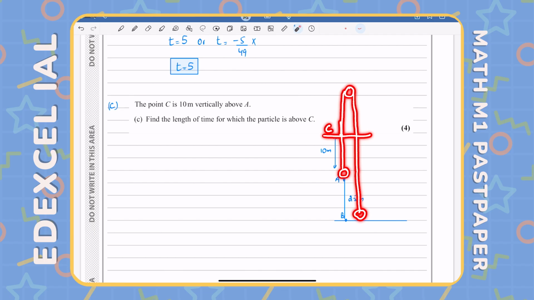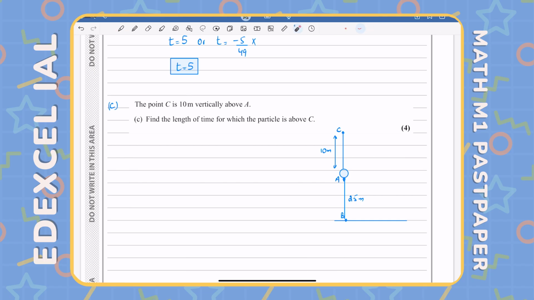So there will be a time where the ball is above point C. That is as soon as it crosses C, as soon as it's more than 10 meters above A on the way up, and then as long as it is more than 10 meters above A on the way down. So during this time, the ball will be above C, once on the way up and then on the way down. So both these times, the ball will be above the point C. Sorry, above point C, not point A.